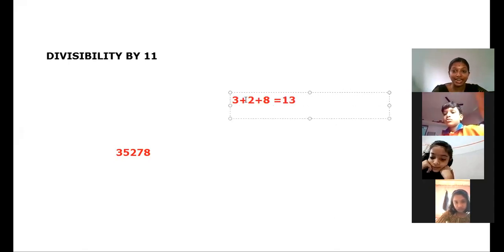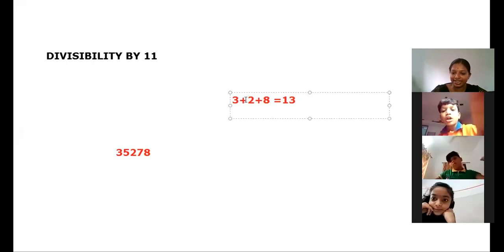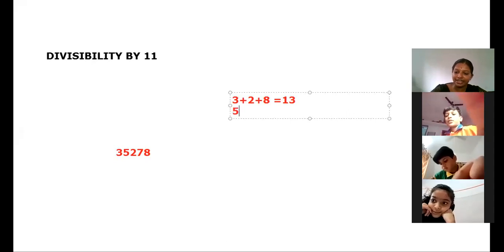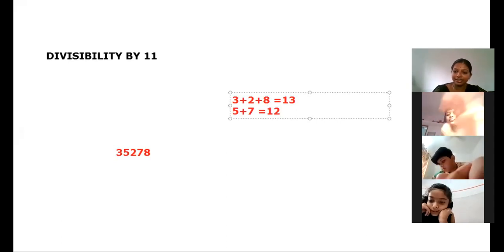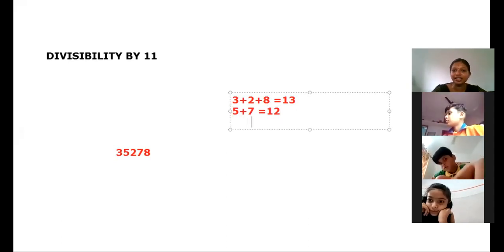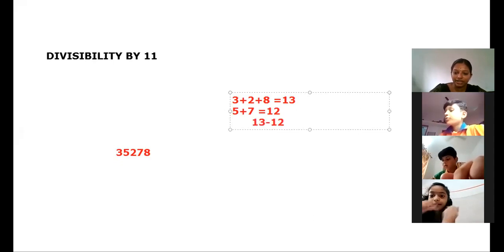Then what about our second pair? The second pair is 5 and 7. What is the sum of 5 and 7? It is 12. Then what is the difference between 13 and 12?